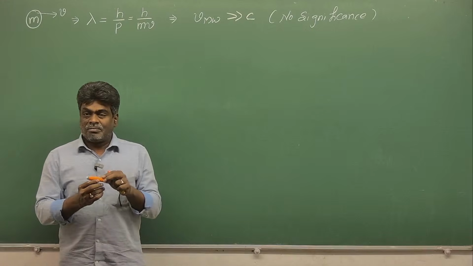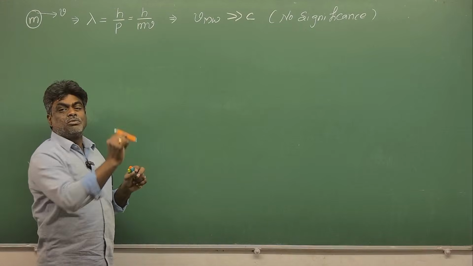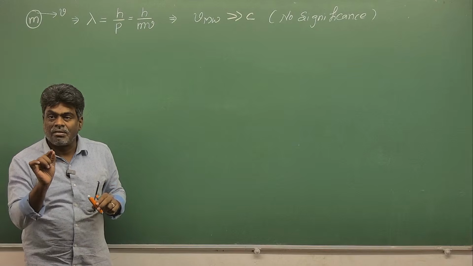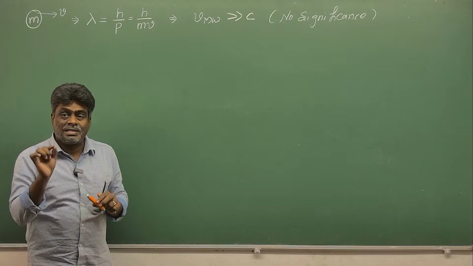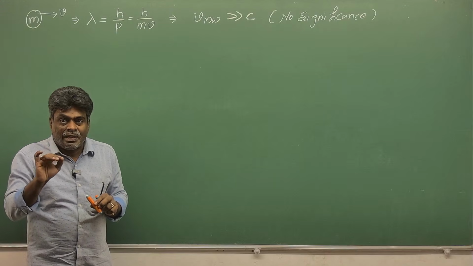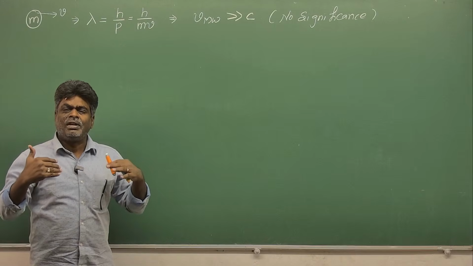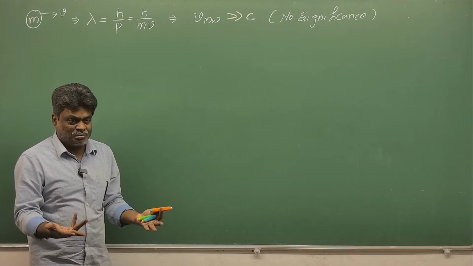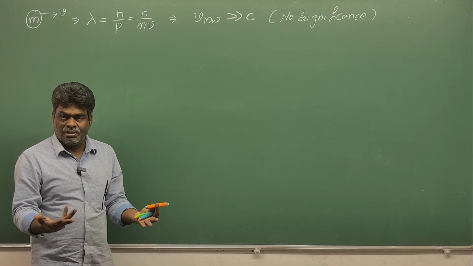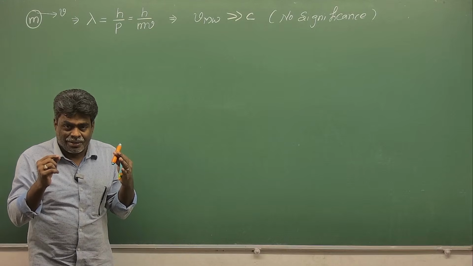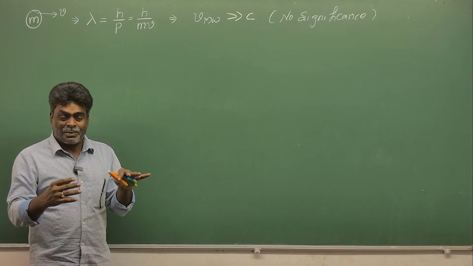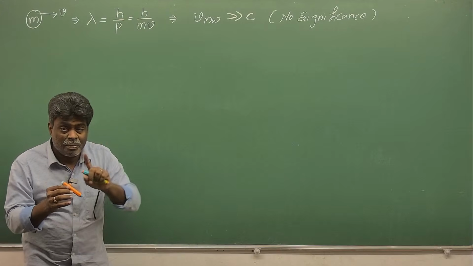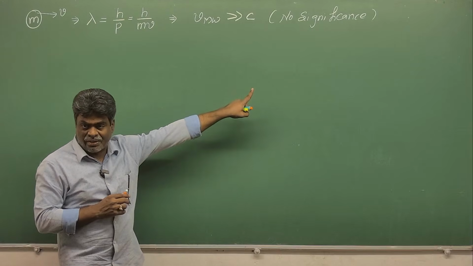The point is, whenever a particle is moving, it is not having a single matter wave. It is having an infinite number of matter waves. It's not a single wave, because a single wave is not having any significance.